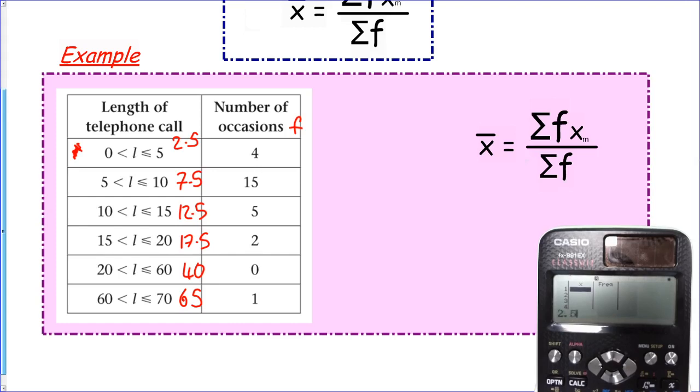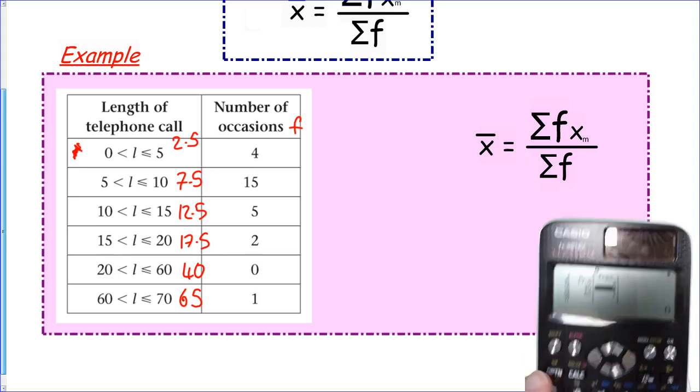So this goes 2.5, 7.5, 12.5, 17.5, 40, and 65. We're now going to go through and enter our frequencies, which is 4, 15, 5, 2, 0, and 1. So we could actually have missed out this entry here because there's no frequency.